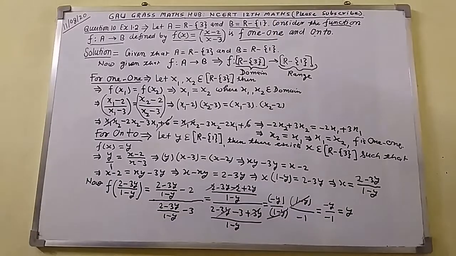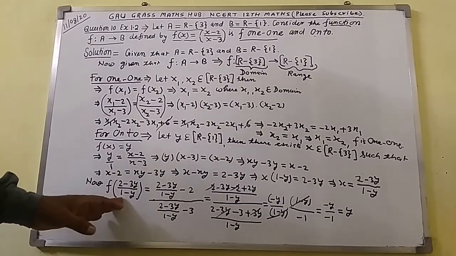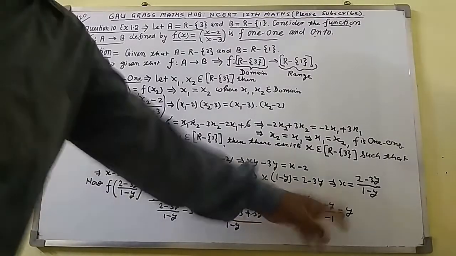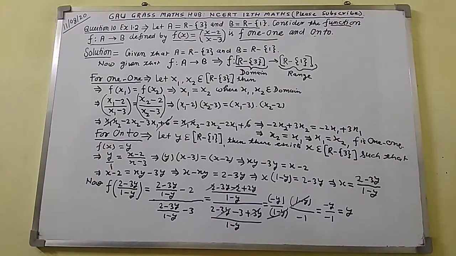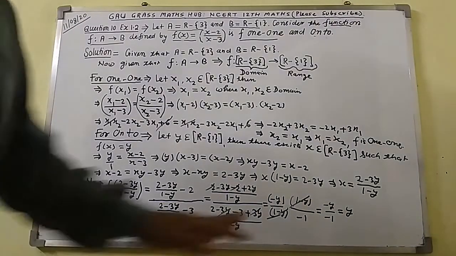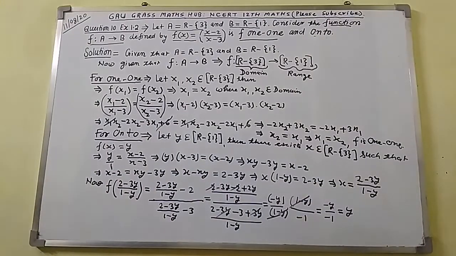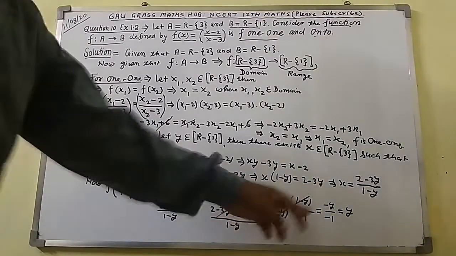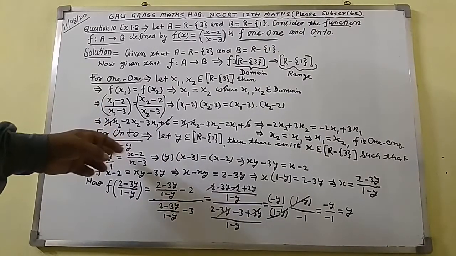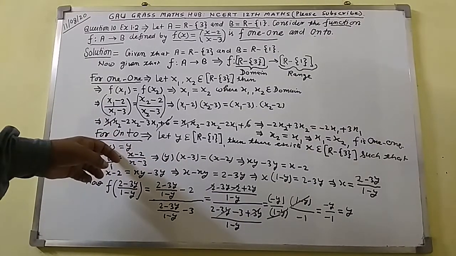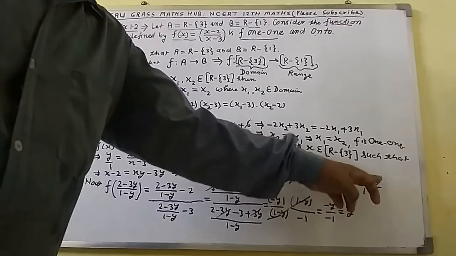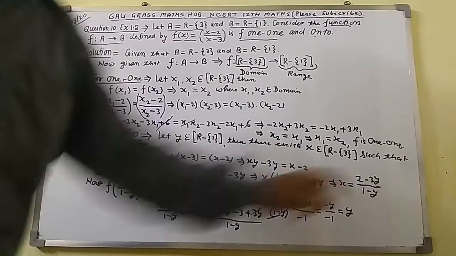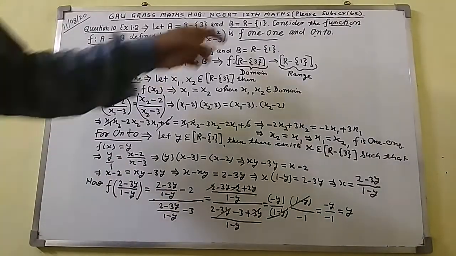So now here I have proved f(x) equal to y. This means that this function is onto function. So if you have got f(x) equal to y, the value of x I have got here, this value of x I have put here.